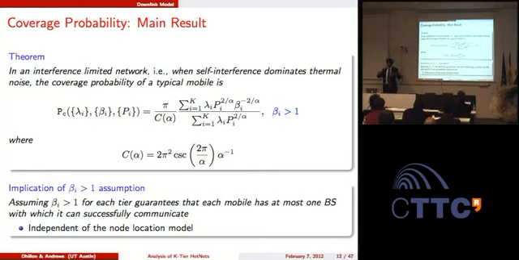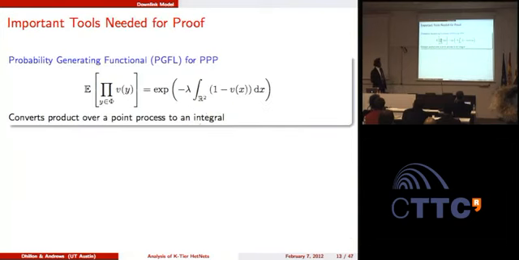Only one of these two numbers can be greater than 1. They can be equal to 1 if P1 and P2 are the same, but only one can be greater than 1. And this actually extends to a countable number of base stations. We have a proof in our paper for this.